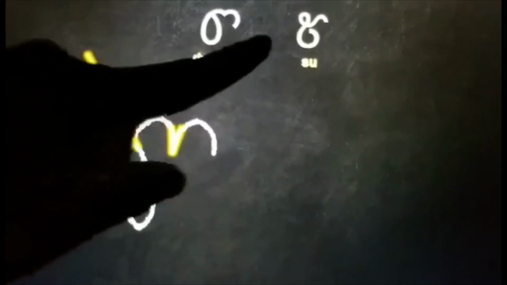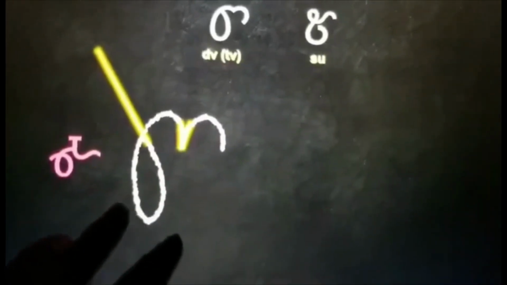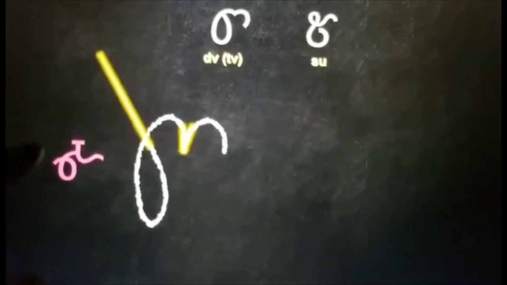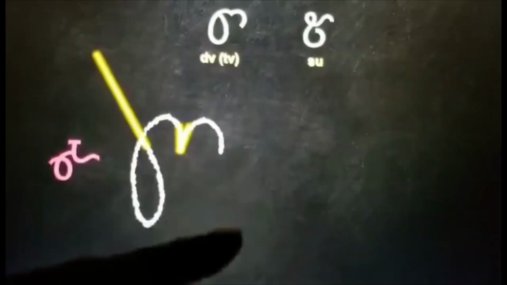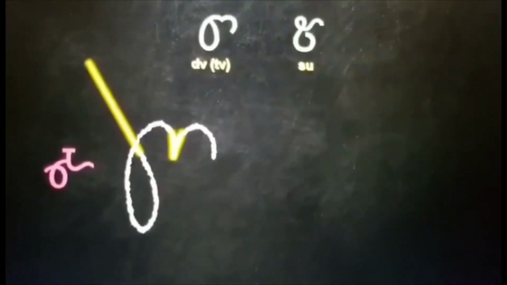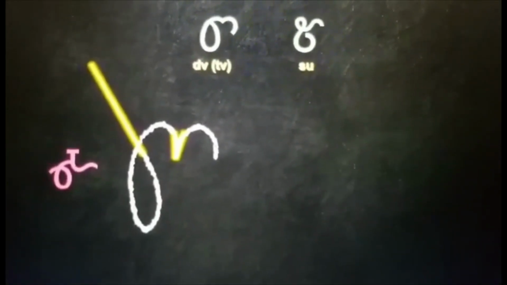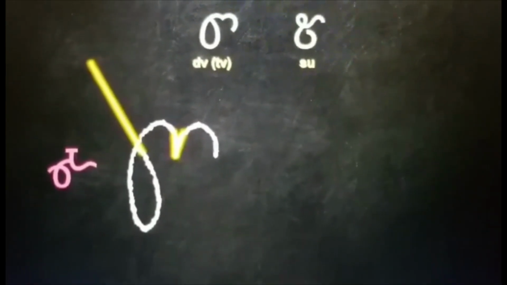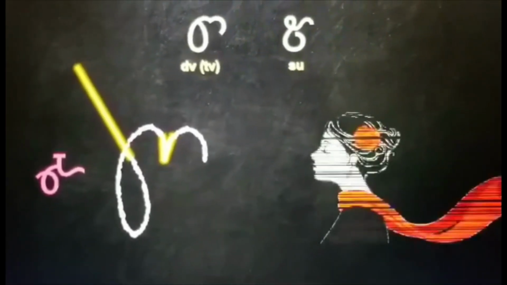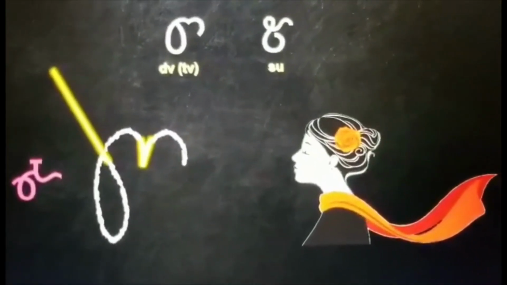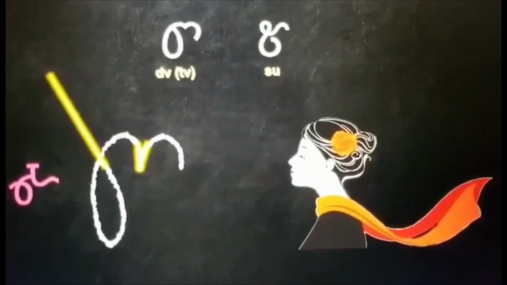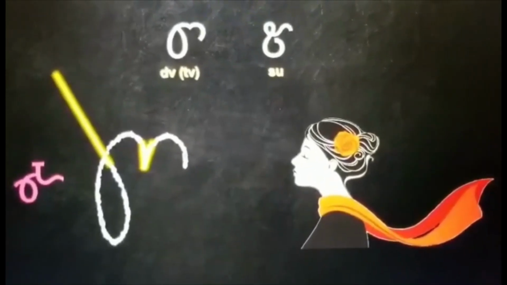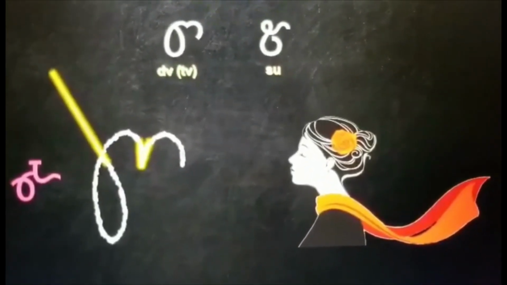Some of these can look similar in some ways, or they all have a little different shape, but once you get to know it, it'll be quick. You'll say, that's ma, da, ta, su. At first it's difficult to distinguish which is which, but you get it eventually. And for Sue, I think of a girl named Sue wearing a scarf, and her scarf is flying in the wind. So we have da, ta, and Sue.